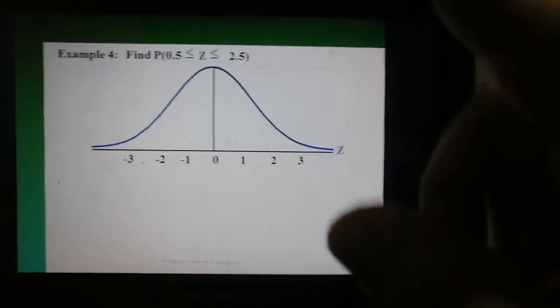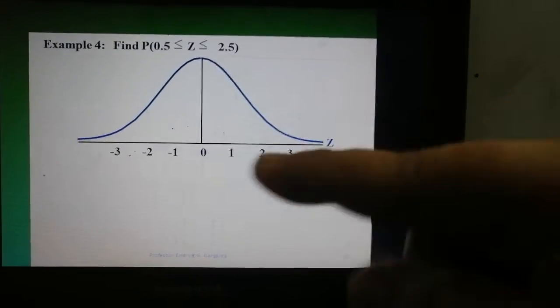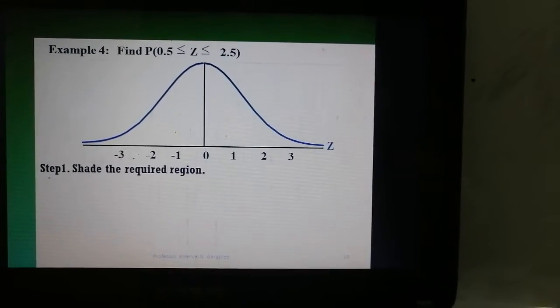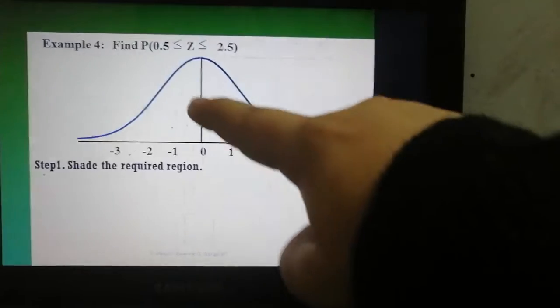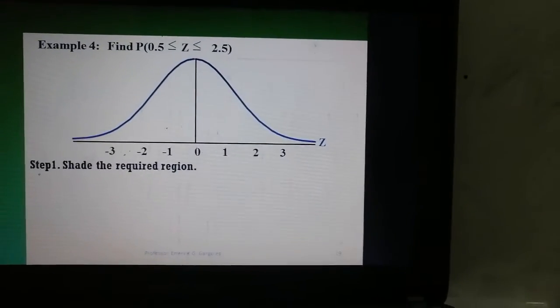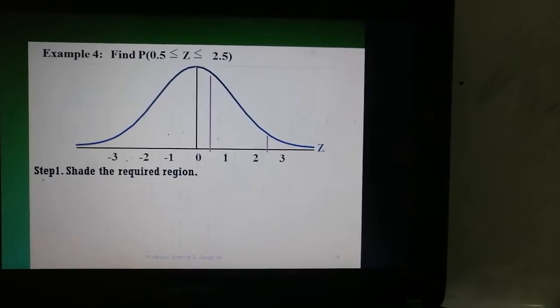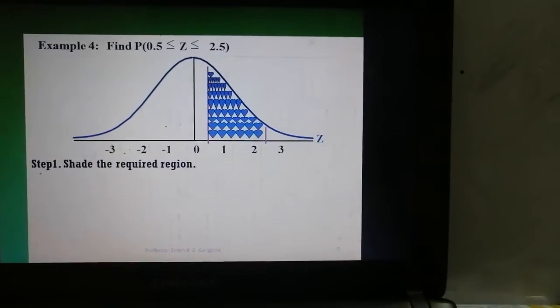What are we going to do in this case? Again, the first step is to shade the required region. So 0.5 is on the upper distribution, while 2.5 is also on the upper distribution, and we need to shade the region between them.